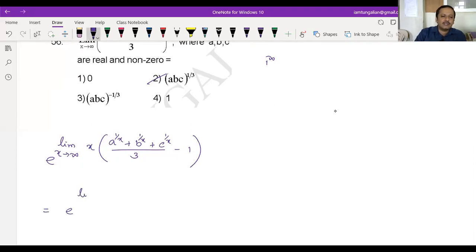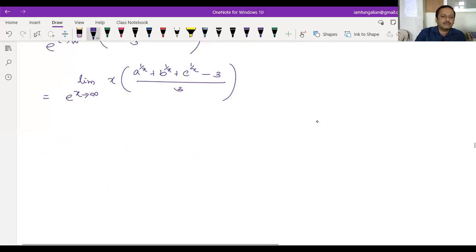That's equal to e to the power limit x tends to infinity, x into a power 1 by x plus b power 1 by x plus c power 1 by x minus 3, whole divided by 3.